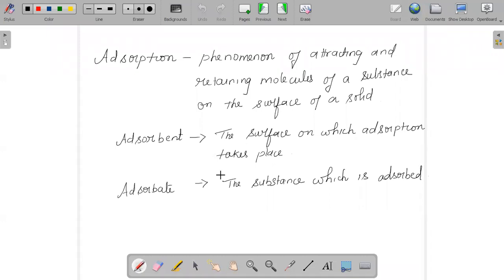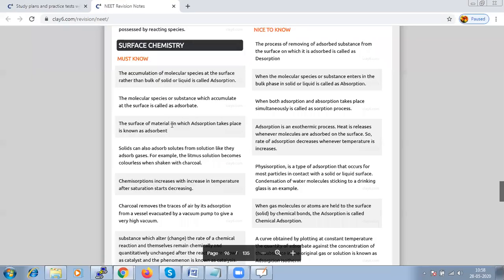The adsorbent is the surface or material on which adsorption takes place. Hence, when we talk about adsorption, we should know what is adsorbate and what is adsorbent.